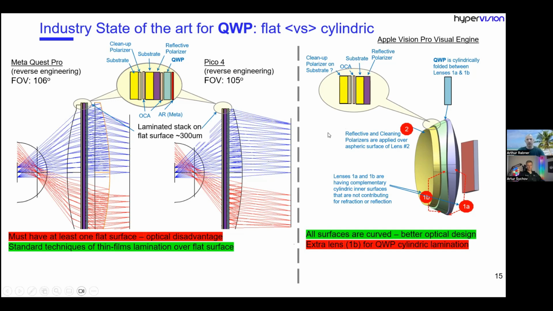Do you have any questions about this slide? I think this slide is quite clear. For me, I have one question, I'm not sure whether you will touch upon that later, but I think it's a good slide to discuss it. If I talk about optical performance of Vision Pro, I think it's great.